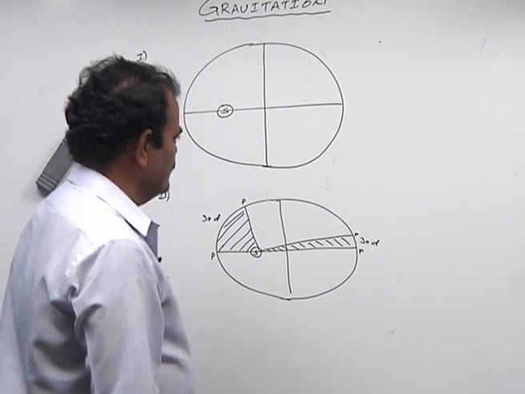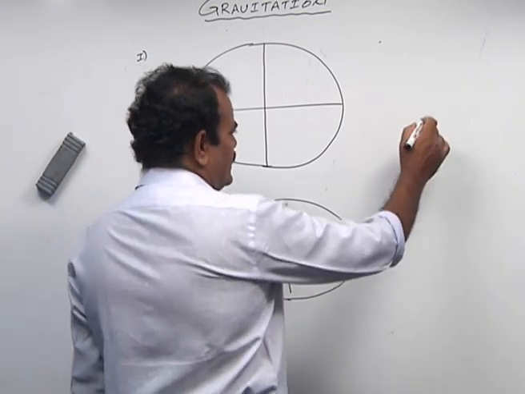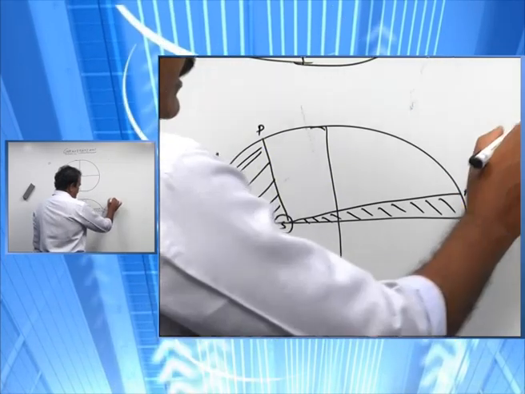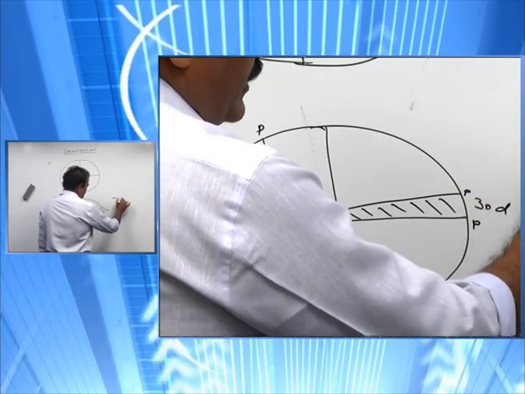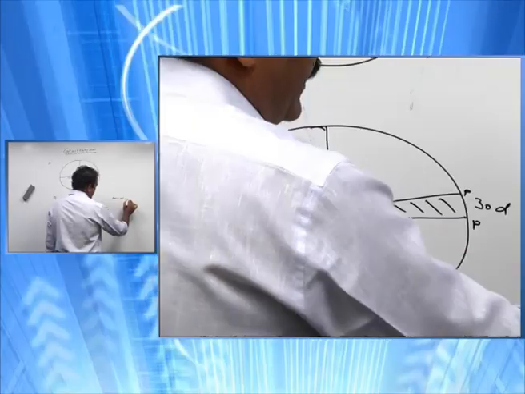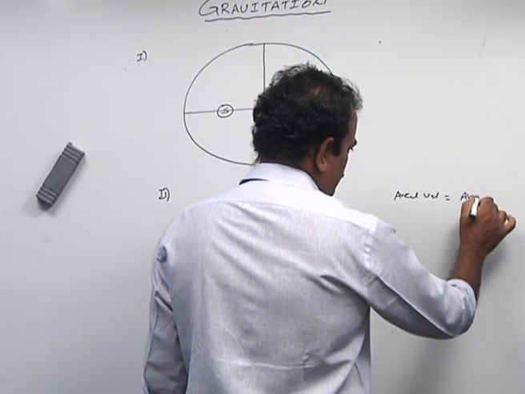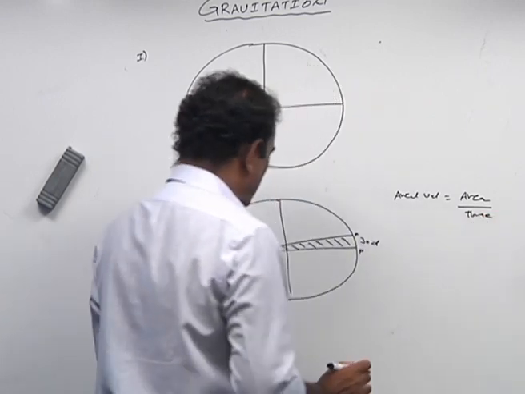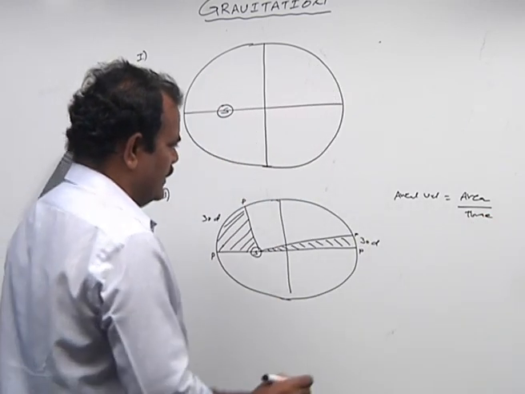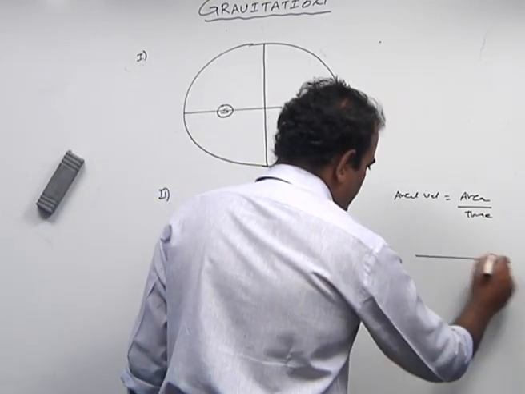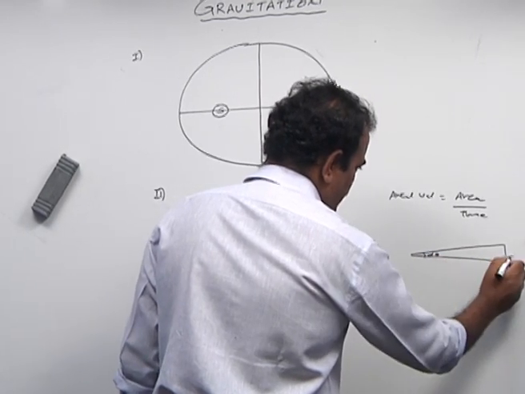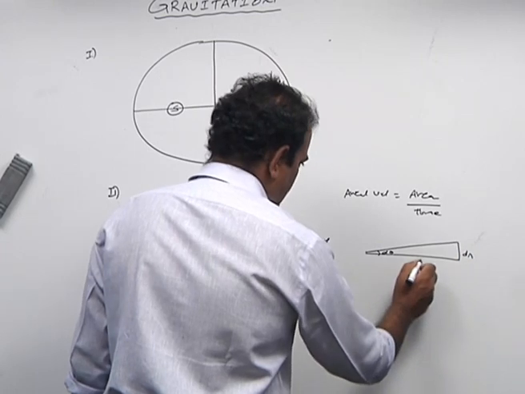Here you can have some formula. Areal velocity is equal to area by time. When you take a small angular displacement d theta, this is dr and this is r.